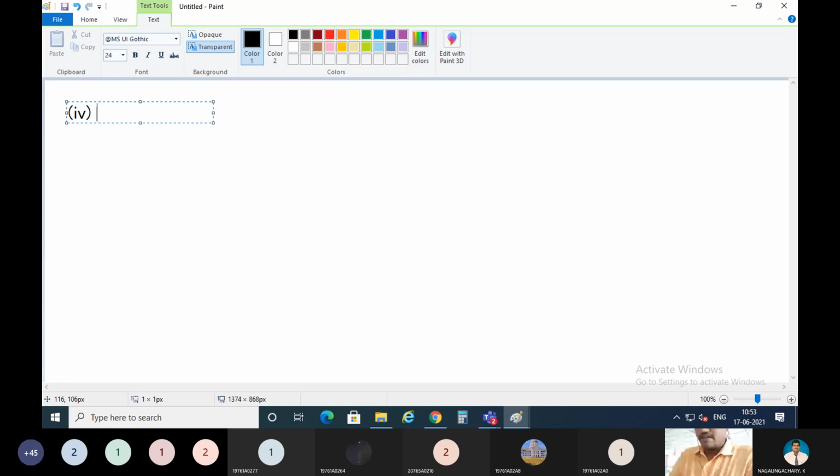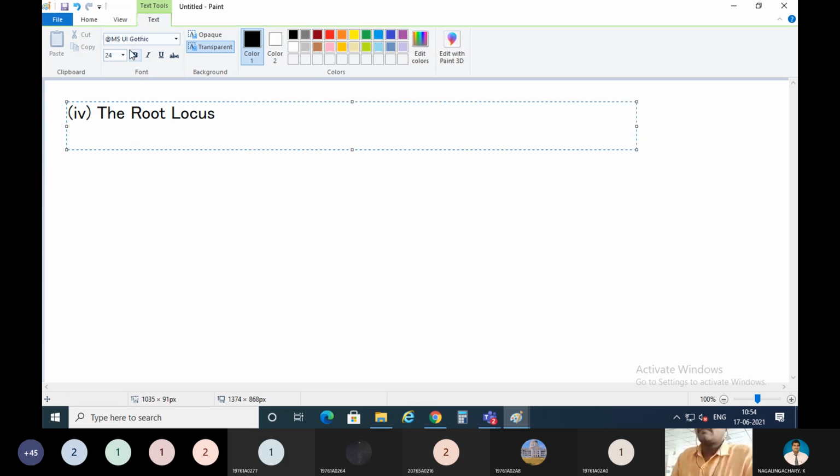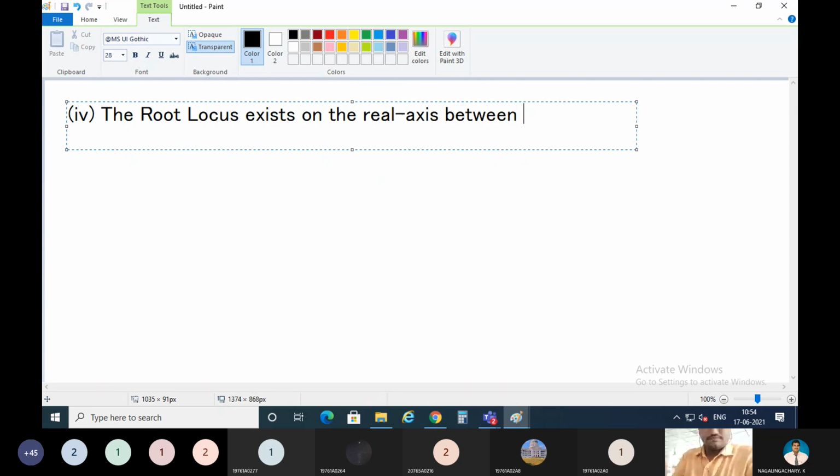I can write: the root locus exists on the real axis between s equal to 0 and s equal to -4. So that is one point.